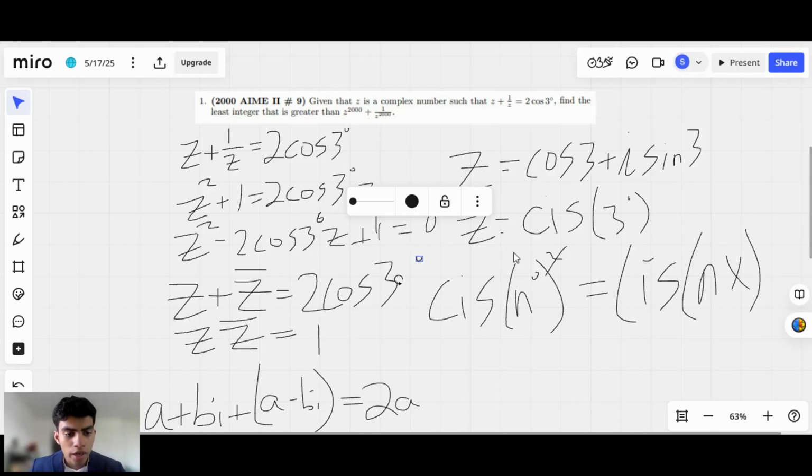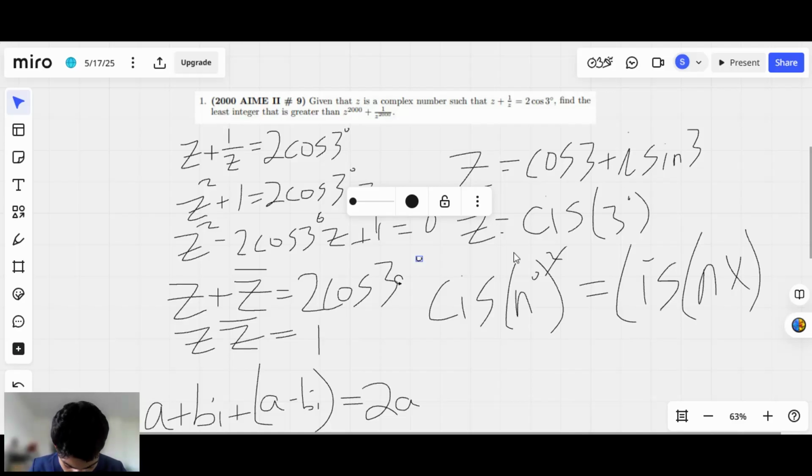Now, this is excluding magnitude. We know that the magnitude of everything we're dealing with here is 1, so we don't have to deal with magnitude. But if we were dealing with magnitude, then you would have to have the magnitude to the x power multiplied to the right-hand side.